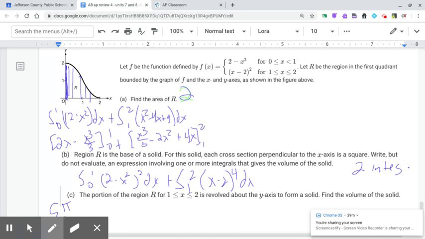The first one, when I put in 1, I get 2 minus 1/3. When I put in 0, I get 0. Next integral, when I put in 2, I get 8/3 minus 8 plus 8. Minus, when I put in 1, I get 1/3 minus 2 plus 4.